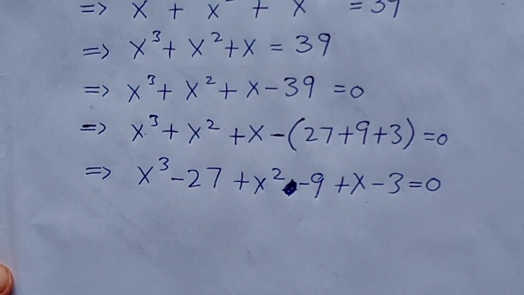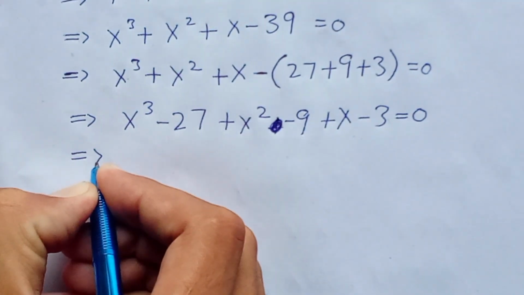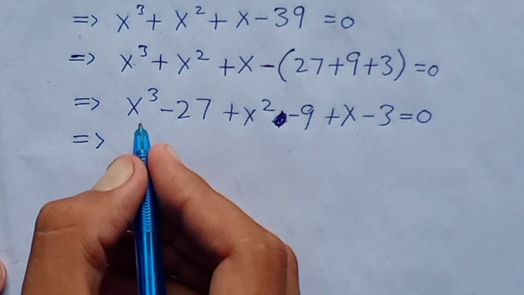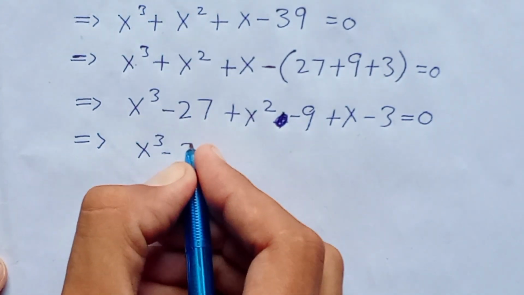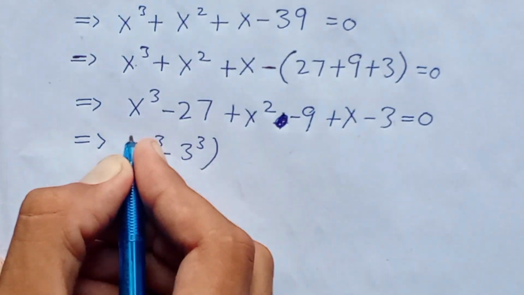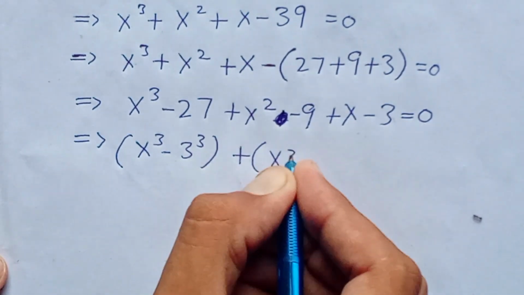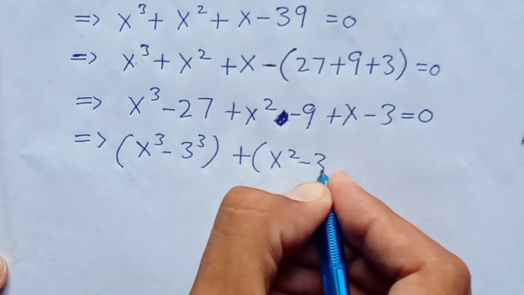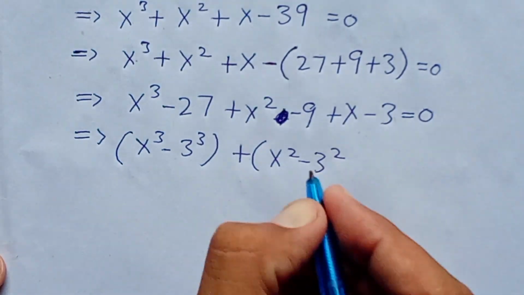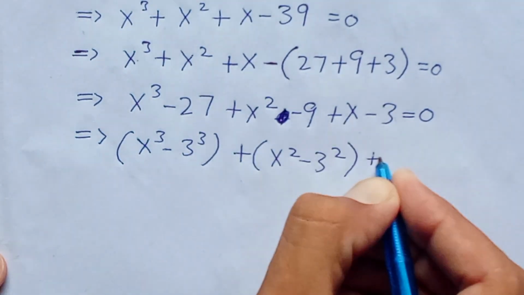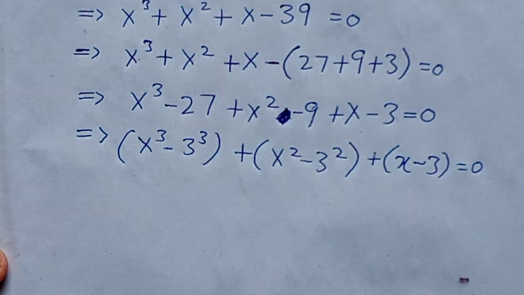When we multiply the minus sign to all, it should all be minus, meaning minus 27, minus 9 and minus 3. I hope from here you can understand. Now in the next step I can write this as x cube minus 3 cube, plus x square minus 3 square, plus x minus 3, is equal to 0.